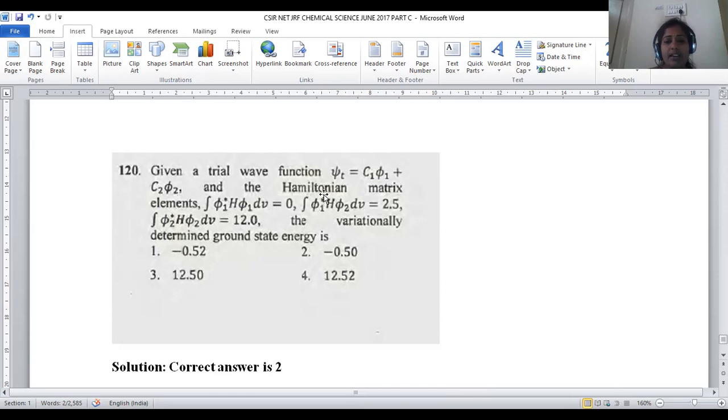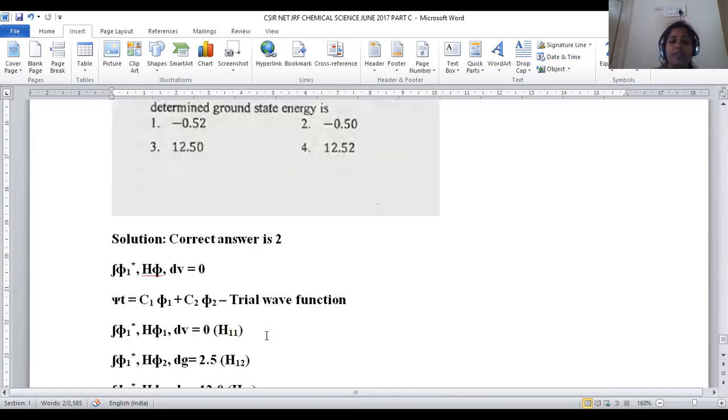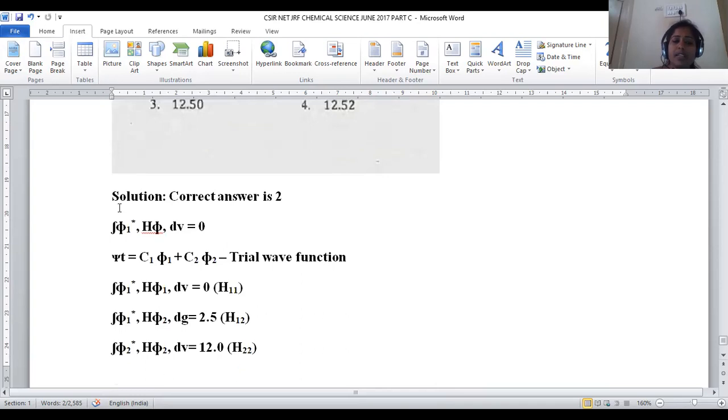Integration pi 1 star H pi 2 dv is equal to 2.5. Integration pi 2 star H pi 2 dv is equal to 12.0. The variationally determined ground state energy will be calculated. For this purpose, we have the formula.